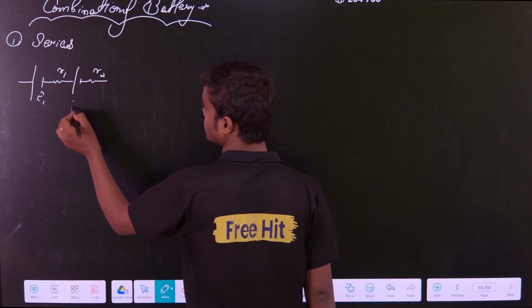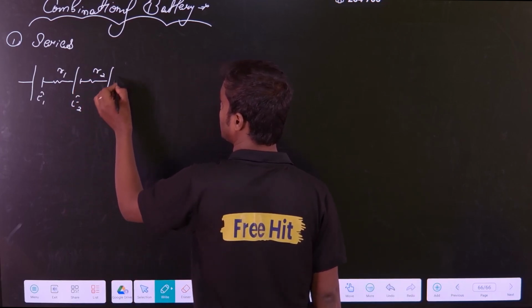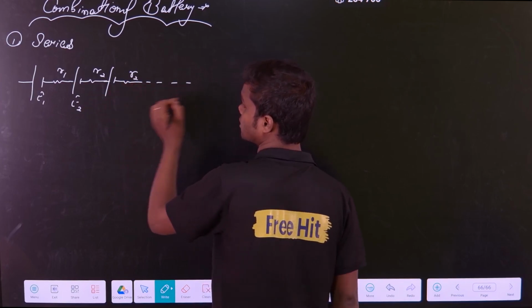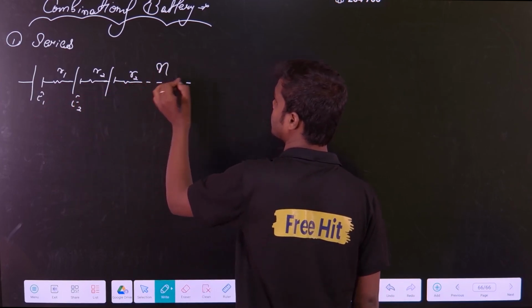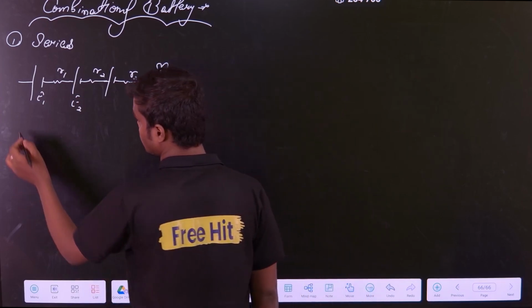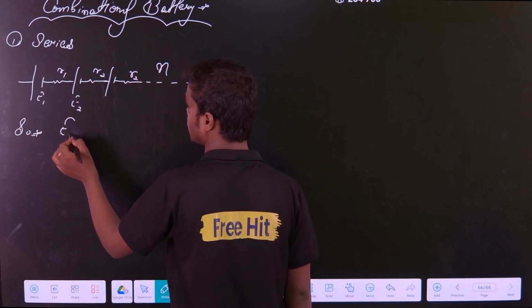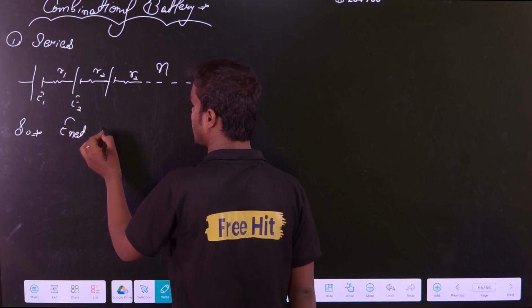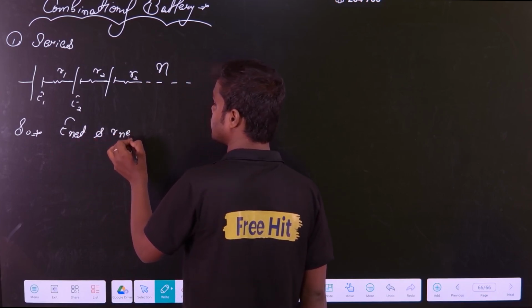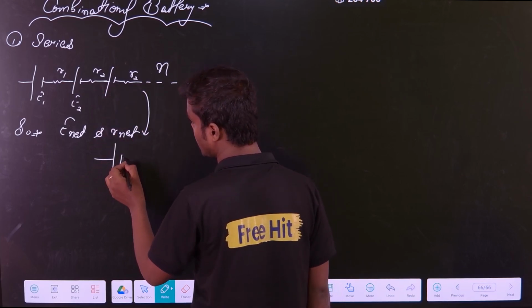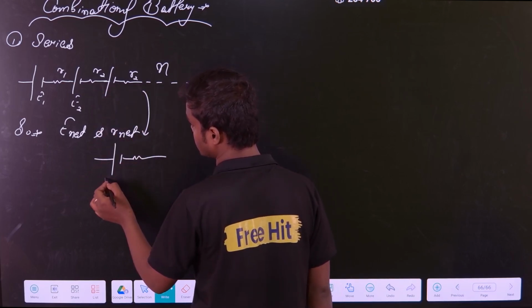Like that, suppose it goes up to N batteries connected. So my question is: what is my E net and R net? That means I want to replace this whole thing by a single battery and single resistance.